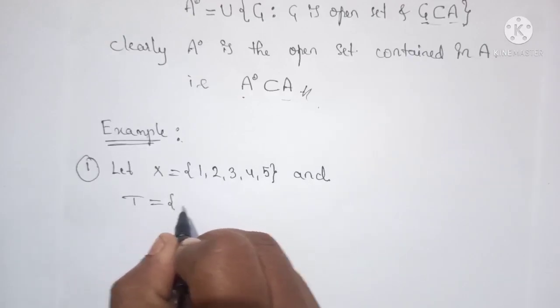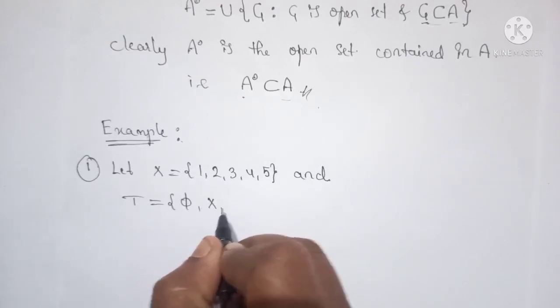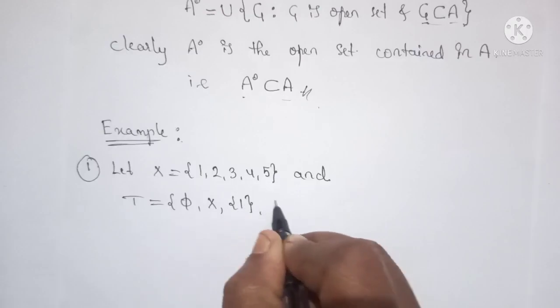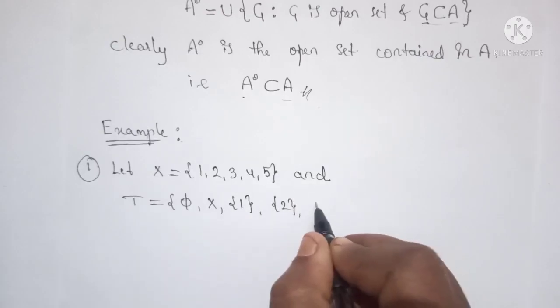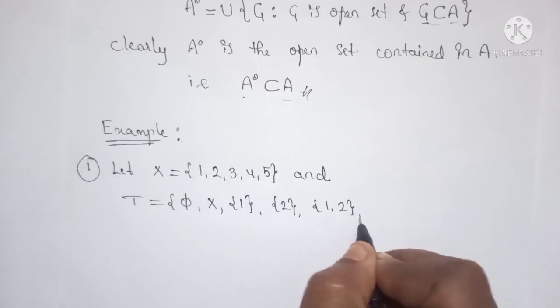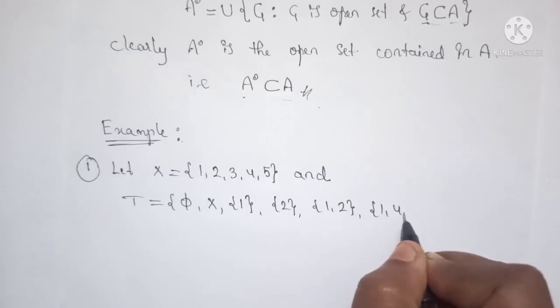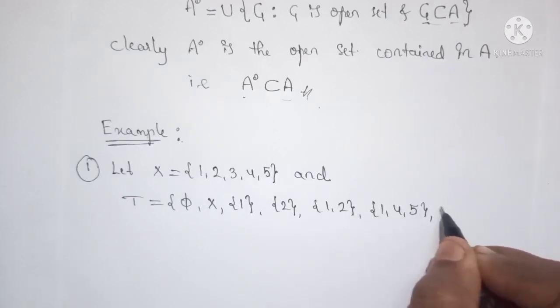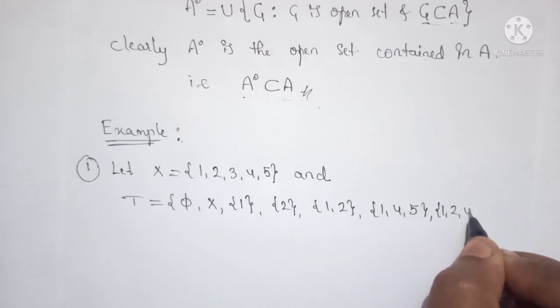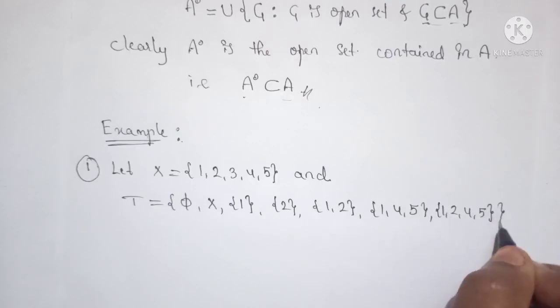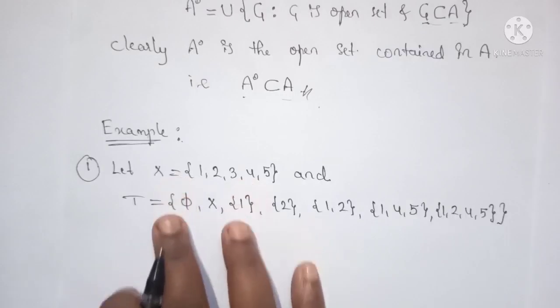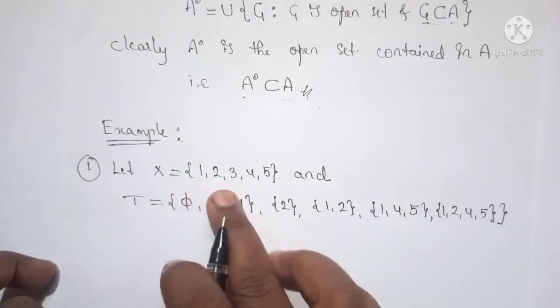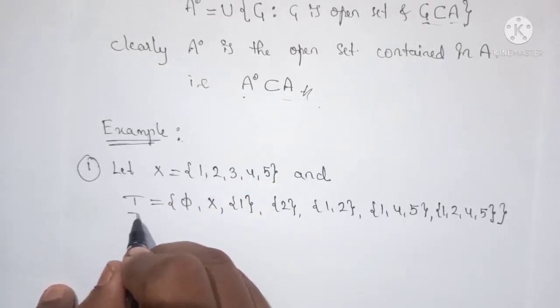T is given by {φ, X, {1}, {2}, {1, 2}, {1, 4, 5}, and {1, 2, 4, 5}}. So this is the given topological space. X is given by {1, 2, 3, 4, 5} and T is given by this.